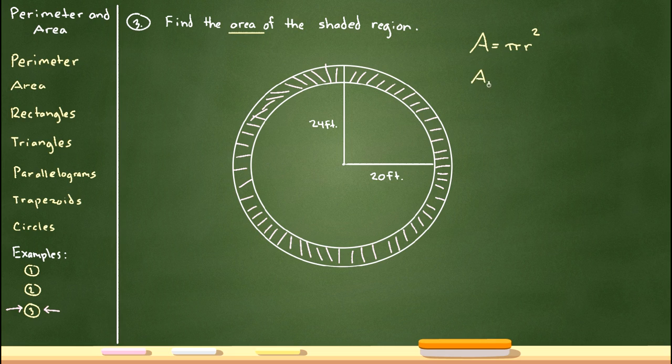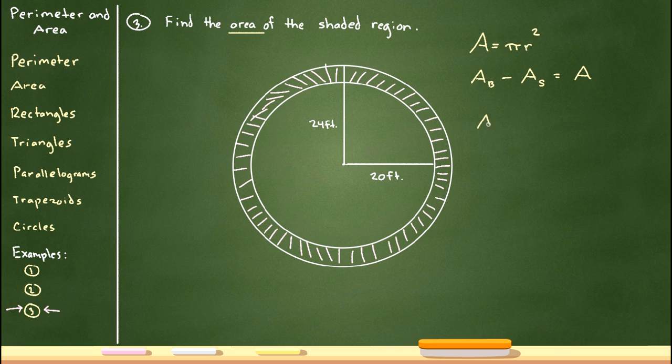So area, I'm going to call this A sub B, so the area of the bigger circle minus the area of the smaller circle, I'll call that S, will give me the area that I want. Okay, so now the area of the bigger circle, now you could write out a formula like this if you want, or you could just do the work separately, and then at the end you could subtract them, or subtract the smaller circle from the bigger circle.